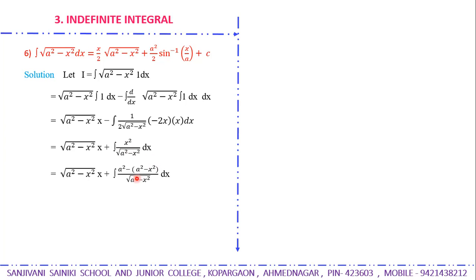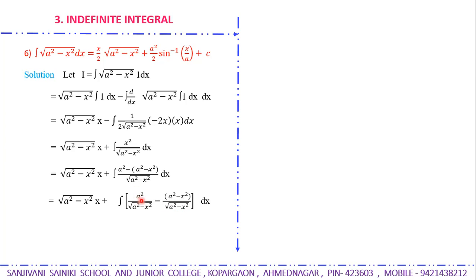In the next step, we will add and subtract a square in the numerator, so that after dividing by the root we get separate integrals: a square upon root a square minus x square minus a square minus x square upon root a square minus x square dx.